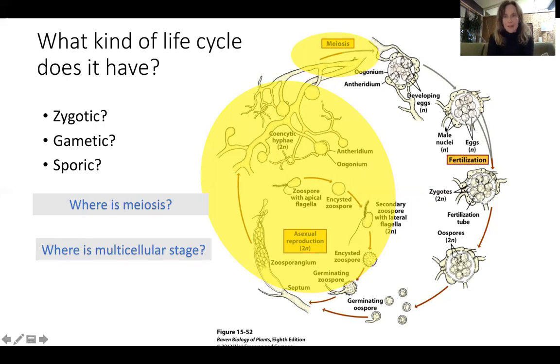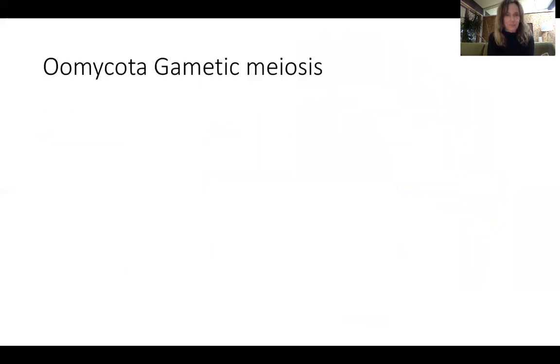These gametes then fuse to produce a zygote. The zygote is not multicellular, and on and on. So this type of life cycle is gametic. Structures look a bit different, but it's pretty much well conserved there.